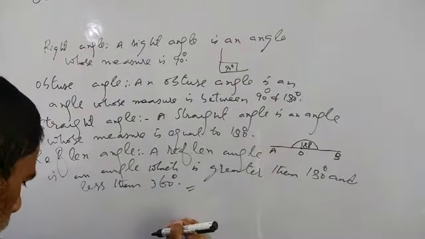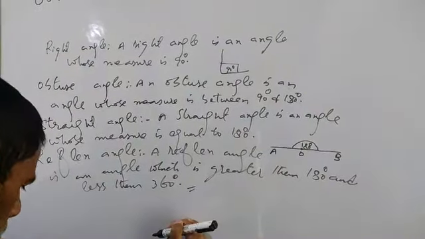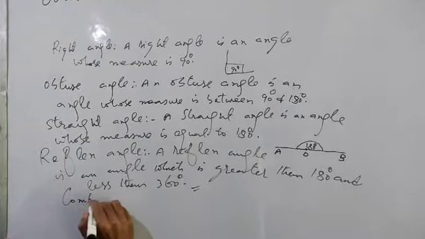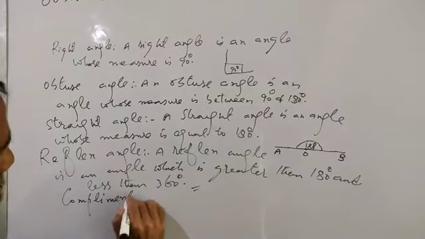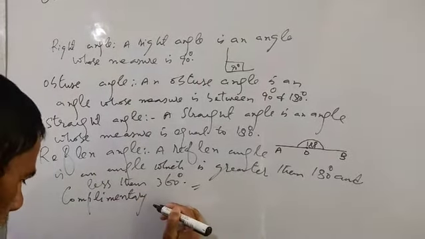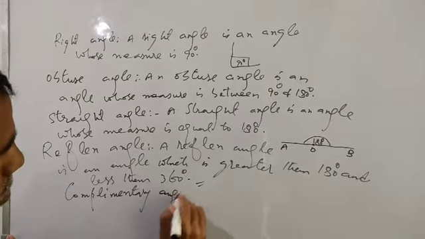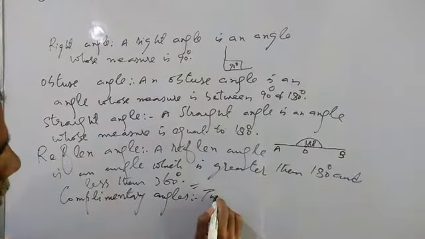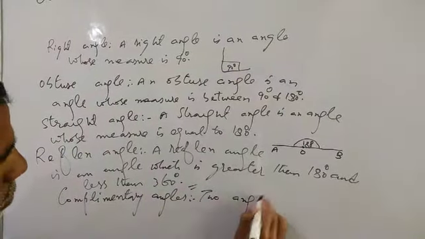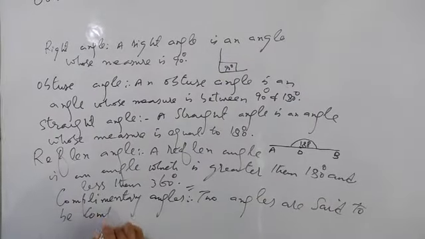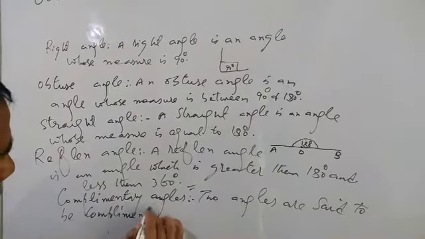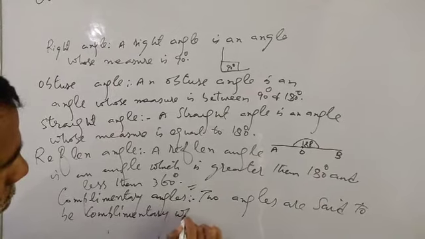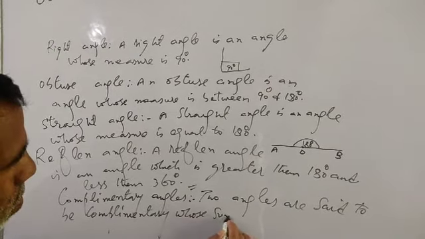After this we will state complementary angles and supplementary angles. Two angles are said to be complementary if their sum is equal to 90.